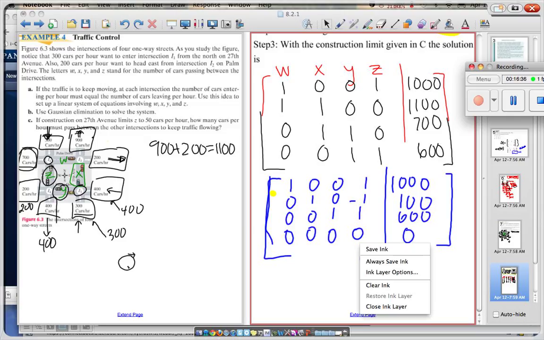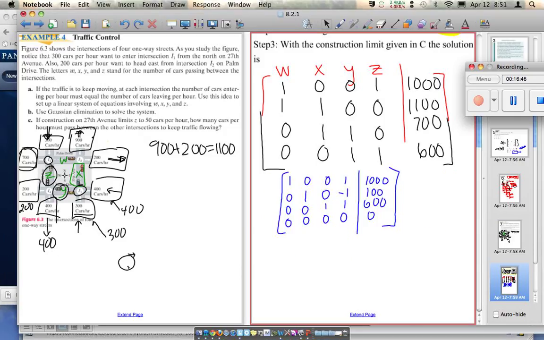And so now I'm going to transfer these back into equations and make my final conclusion. Let's take a look at what I have here. The bottom equation says y plus z equals 600. So that tells me that y is equal to 600 minus z. The middle equation will help me with x.